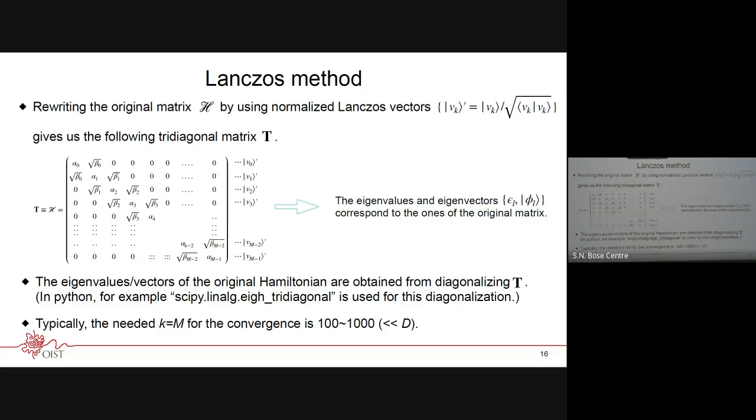So I think that is a good method to get the lowest, and the first and second excited energy states, for example.